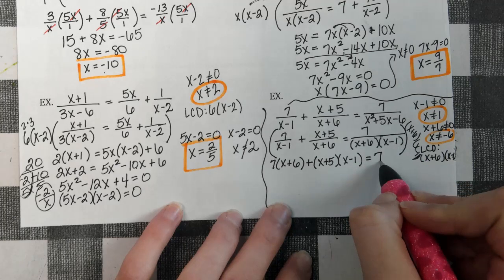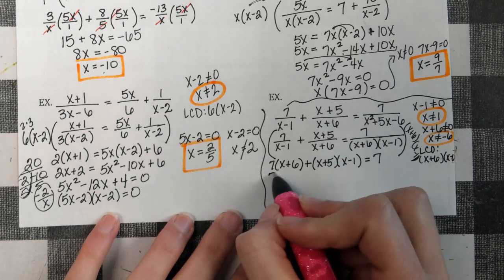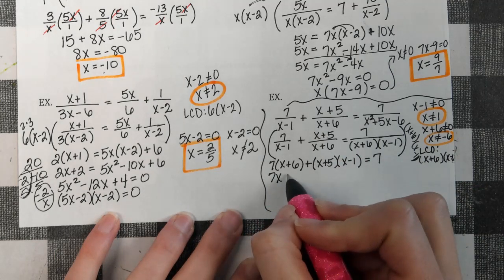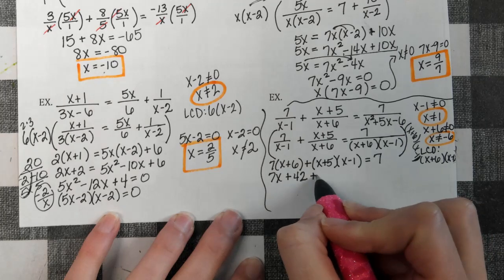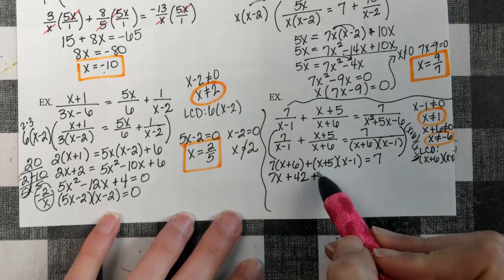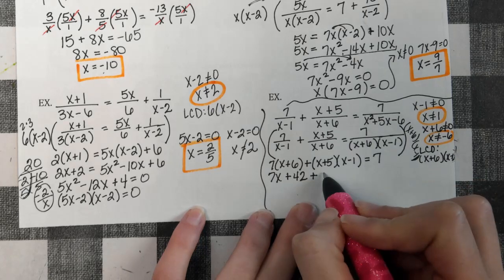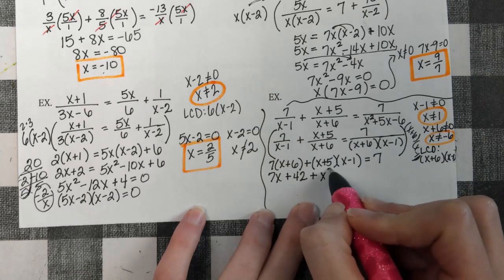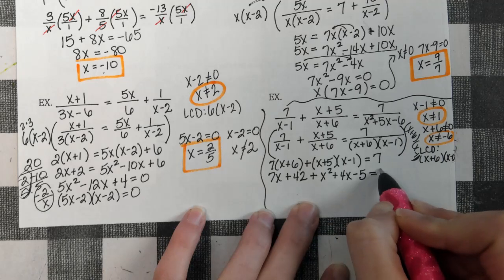They both cancel, so I'm just left with 7. Okay, so I'm going to multiply 7 times x plus 6 to get 7x plus 42. Plus, when I FOIL x plus 5 times x minus 1, what trinomial does that give me? x squared plus 4x minus 5, good, equals 7.